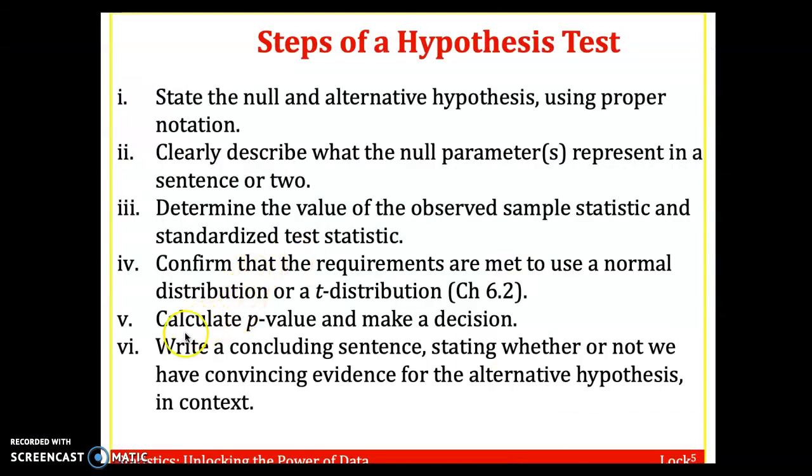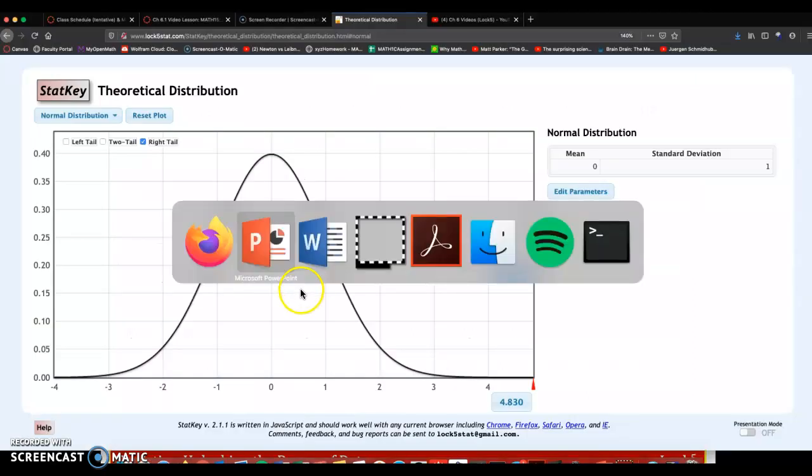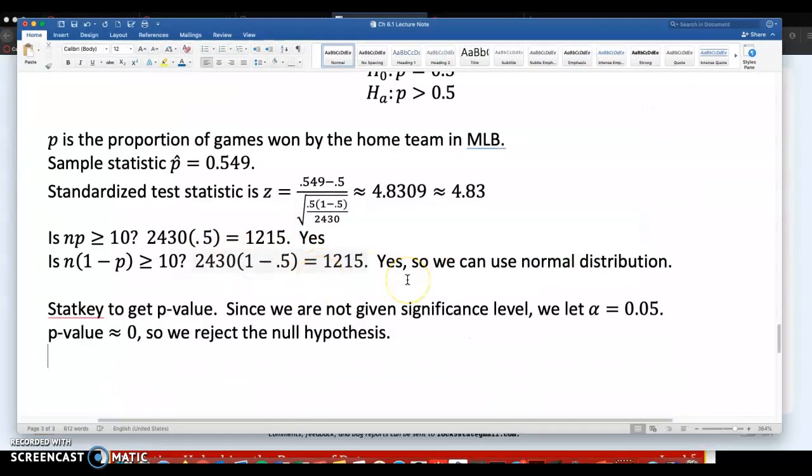All right, and then the last thing I want to do is write a concluding sentence. State whether we have enough convincing evidence for the alternative hypothesis or not, and then in context. So as I said in last class, when you describe the parameters and write your conclusion, I want anyone to be able to read that who has maybe not even taken statistics. I want them to get the gist of what we're doing.